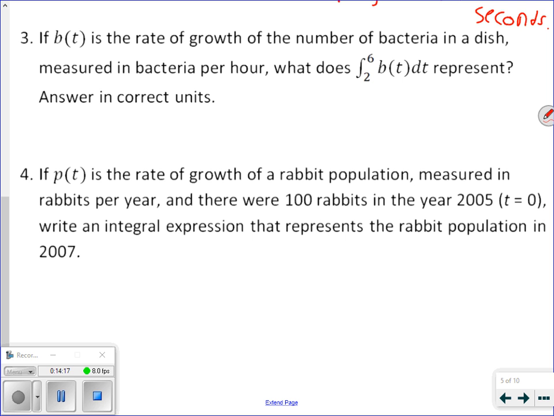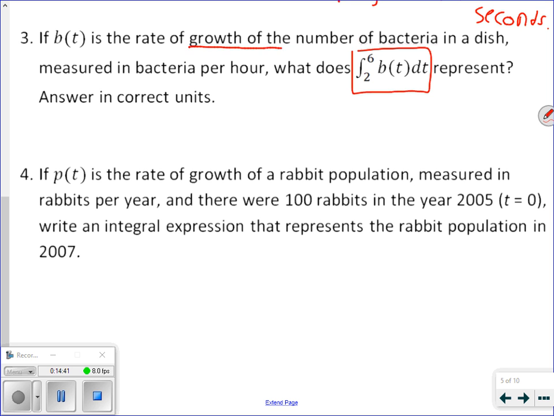What about this one? If b of t is the rate of growth of the number of bacteria in a dish measured in bacteria per hour, what does the integration from 2 to 6 of that rate of change represent? The area underneath the curve of a rate of change, the antiderivative, is like the amount function. So this is an accumulation, right?